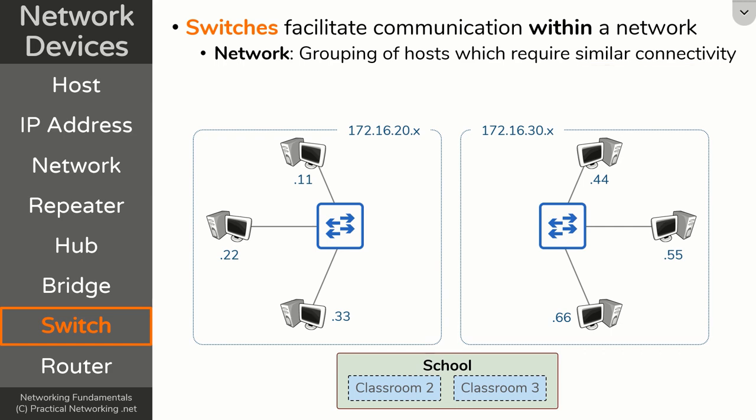For example, maybe these computers over here all belong to the biology classroom, and all they need is simple internet connectivity. But maybe these computers over here belong to the computer science classroom, and they not only need internet connectivity, but also access to various cloud resources to do their studies. Well, since these computers have different connectivity requirements than these computers, it's a good idea to separate those out into separate networks.